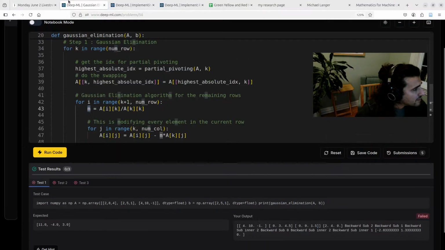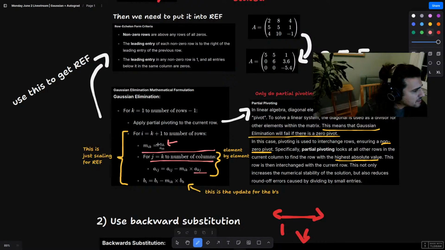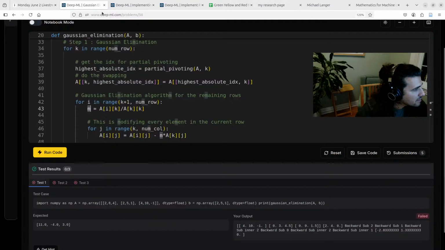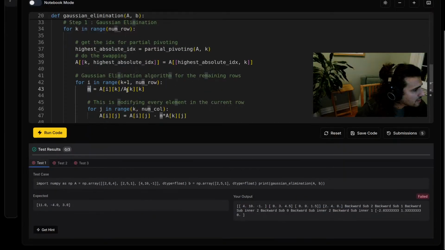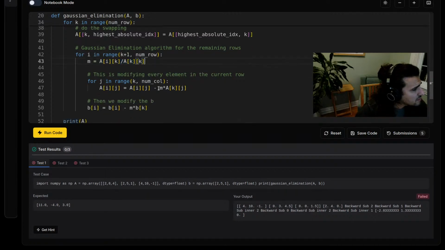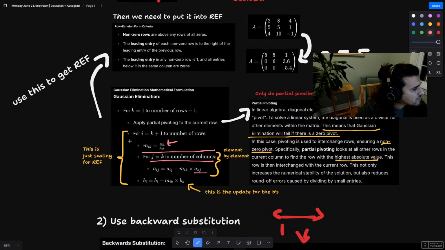So our M right now is IK divided by KK. Okay, that seems reasonable here, right? It doesn't seem that we're doing something weird.